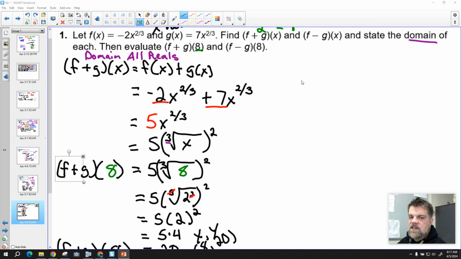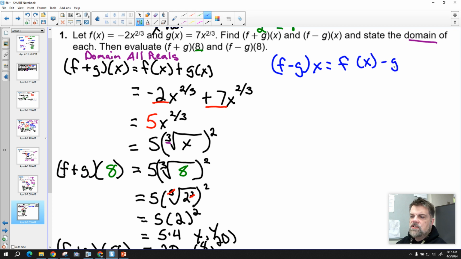So then the next one says we're going to do f minus g of x. And that's the same as saying f of x minus g of x. So in that line, I'm going to say negative 2x to the 2/3 minus, in parentheses, 7x to the 2/3.